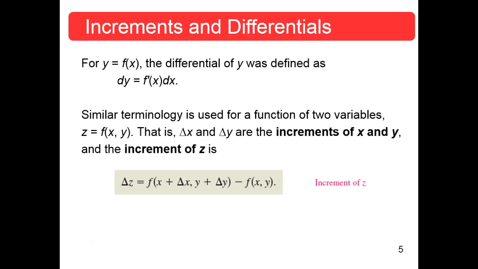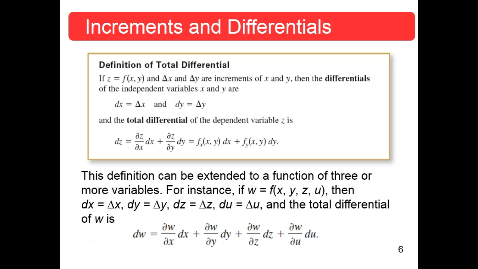This is merely the difference in z's, where the bigger z was with a delta added to both the x and the y, minus the original z, which is f of x, y. So this gave the change of z. Is that clear? Hang on to that thought. That's a way to talk about the increment in z, a delta z, how it changes incrementally. Change x and y incrementally, and what that changed from the f of x, y before, that's your delta z, the increment of z.